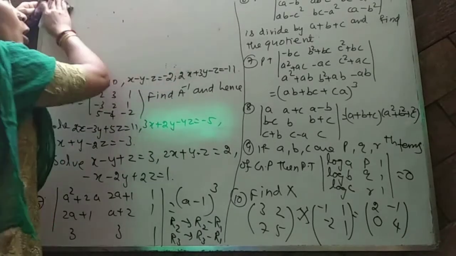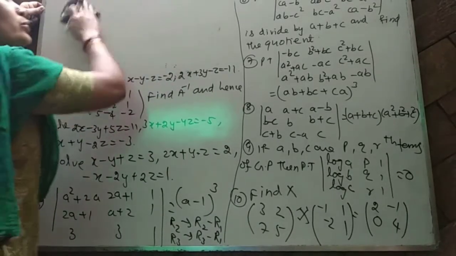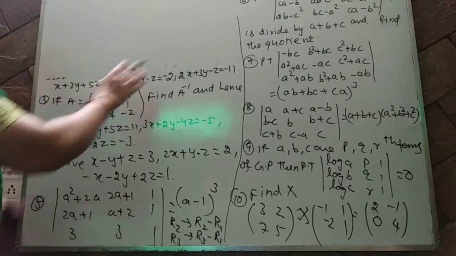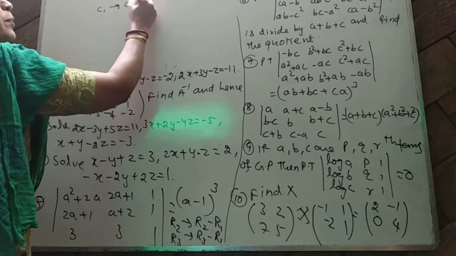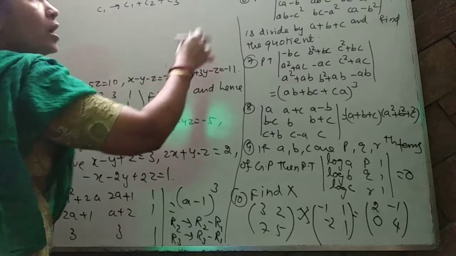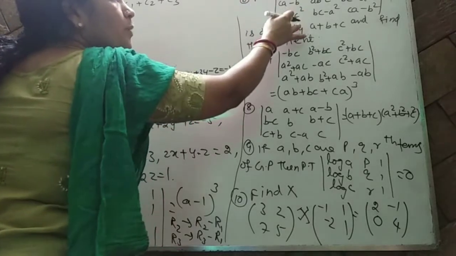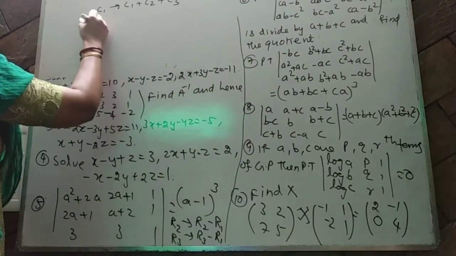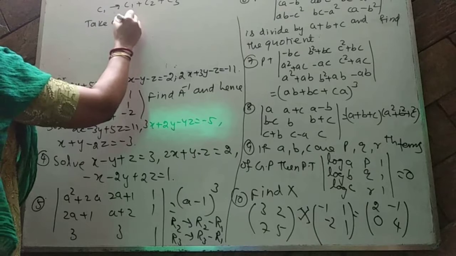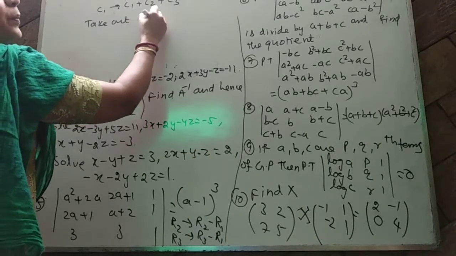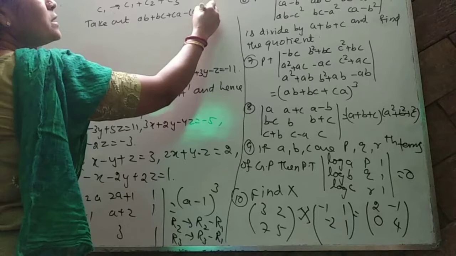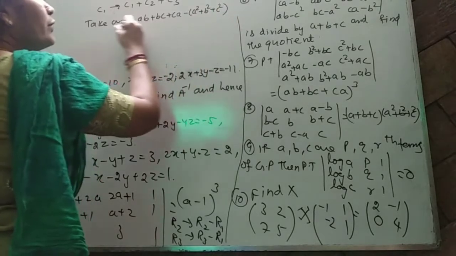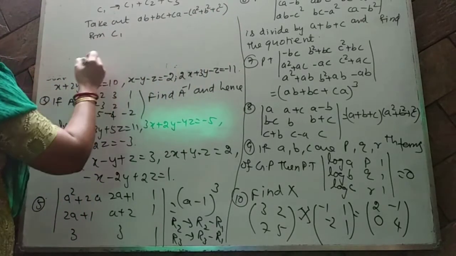Now see this question number 6. Let me explain. I am writing the operation, then you have to do it, it is so simple. As I told you, last year's 6 mark question. Either C1 can be written as C1 plus C2 plus C3, you have to do, otherwise R1 plus R2 plus R3, that is up to your choice. Then after that you have to take out AB plus BC plus CA minus A square plus B square plus C square from C1.